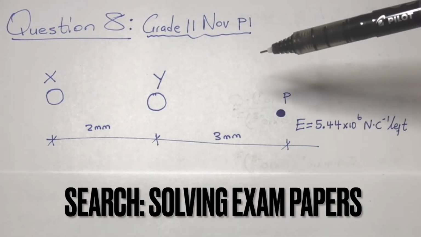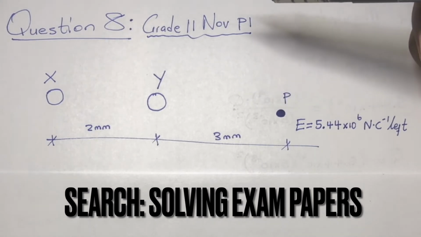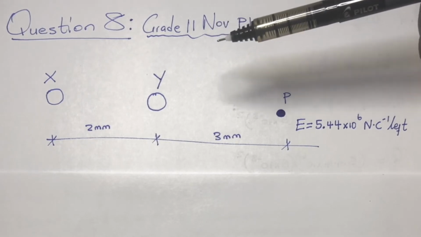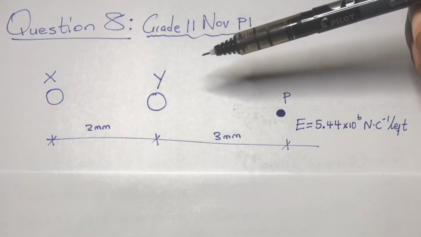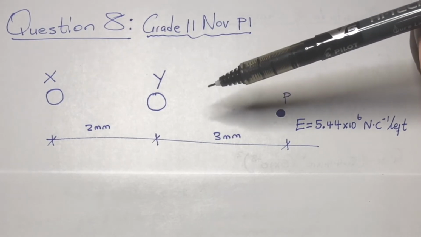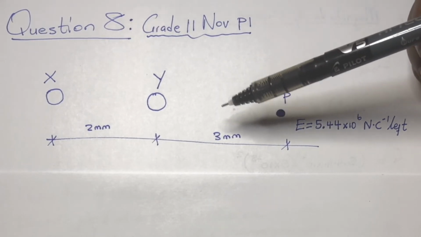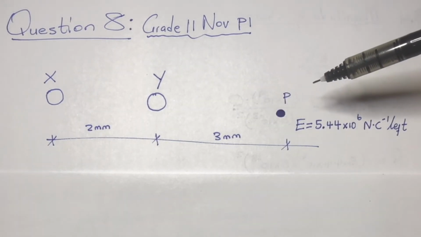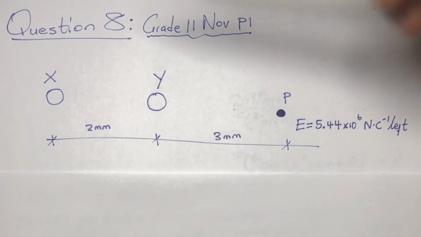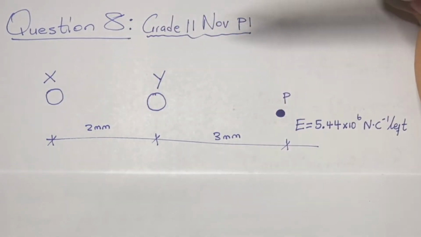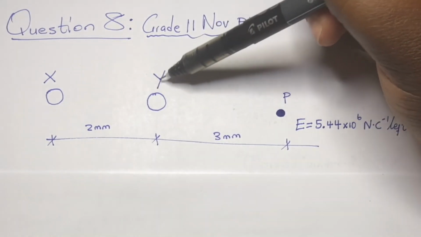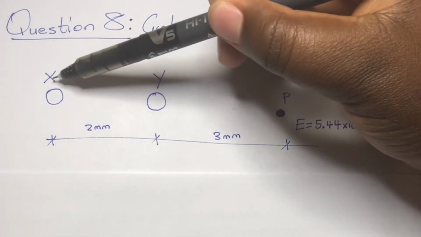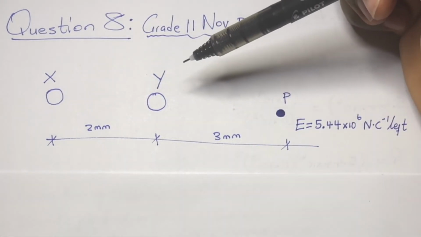I've mentioned, but it was on a maths lesson, where I indicated that normally when you're given a statement followed by a drawing, most of the information which is given in the statement will be represented on the drawing that you're given. So in this case, you've got your X charge and your Y charge. And most importantly, it was indicated that these two charges are identical.